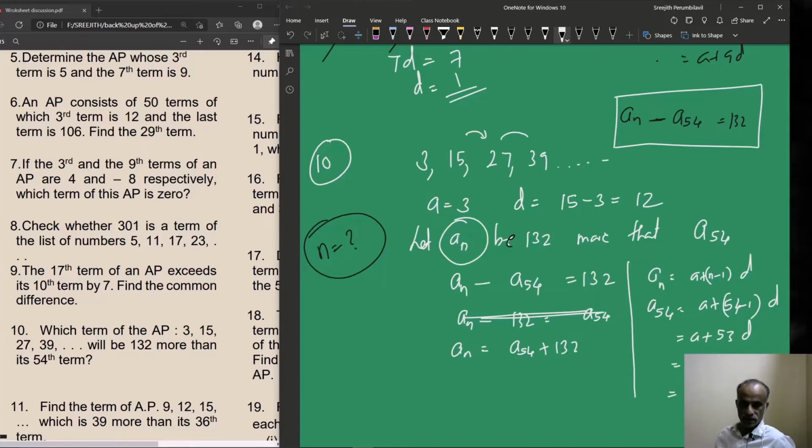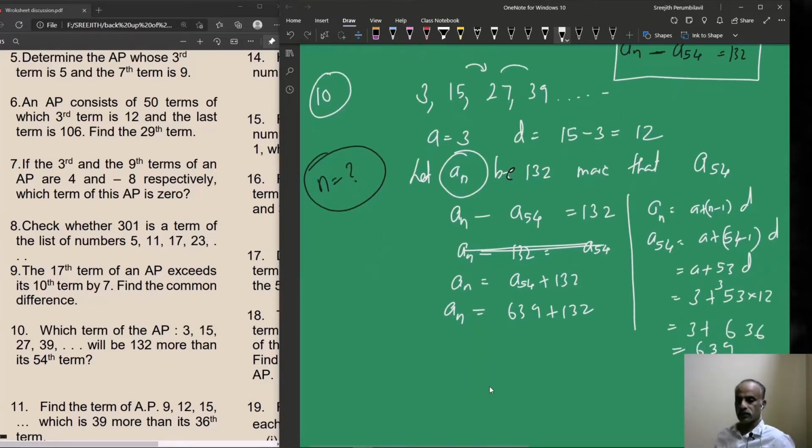That is 3 plus 636, which is 639. So An is equal to 639 plus 132.